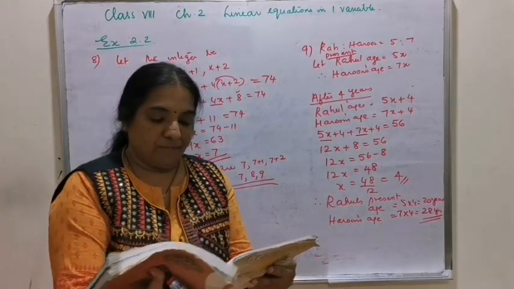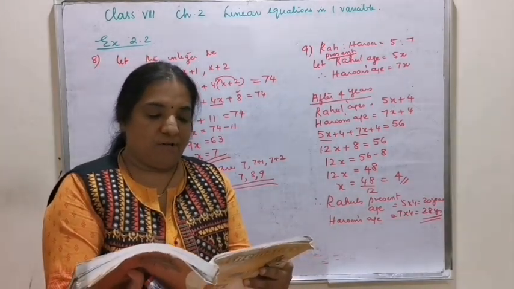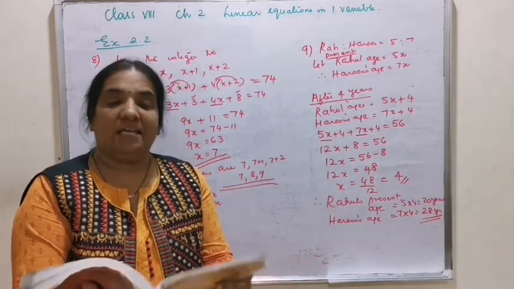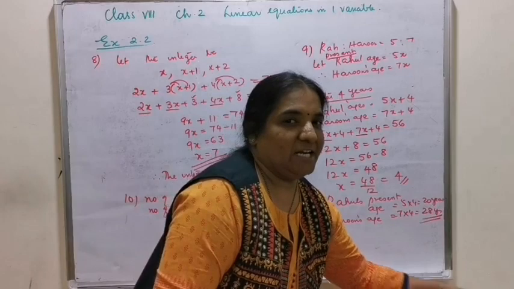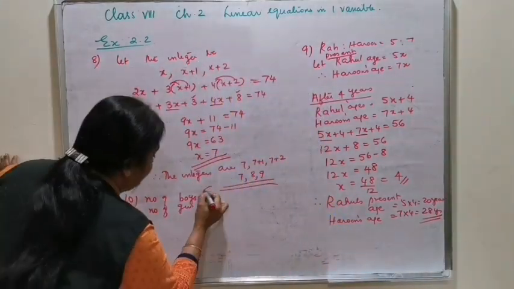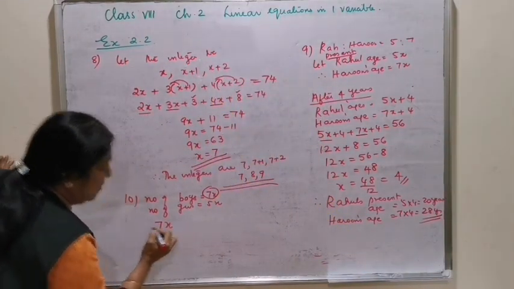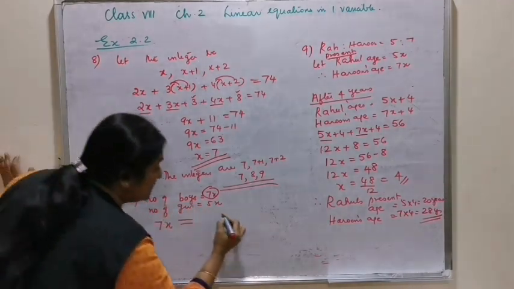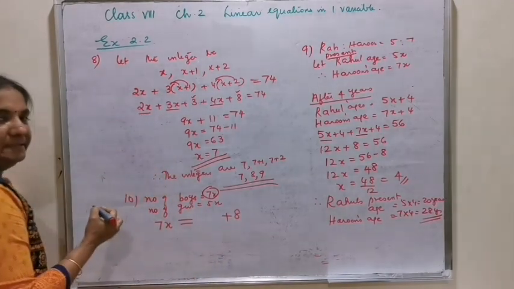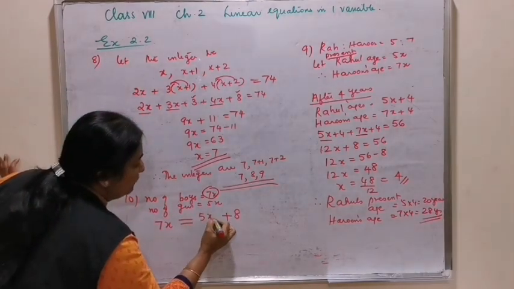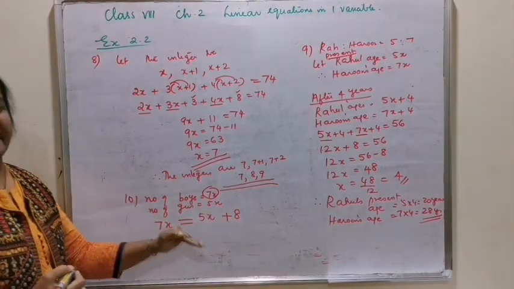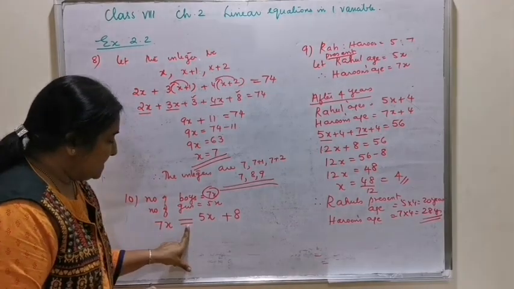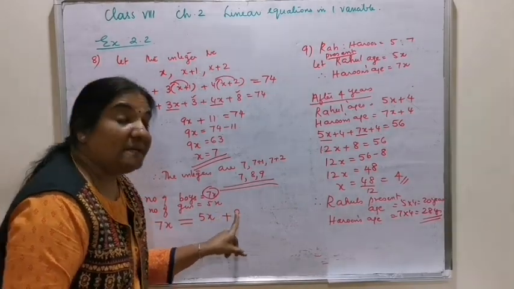And now the number of boys is 8 more than the number of girls. This is how you will express. That is, the boys number is girls number plus 8.